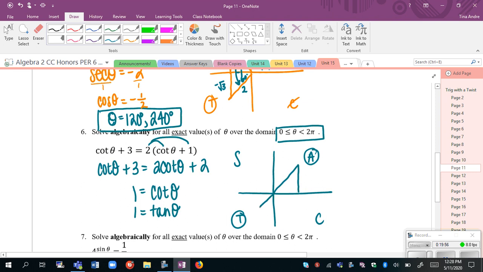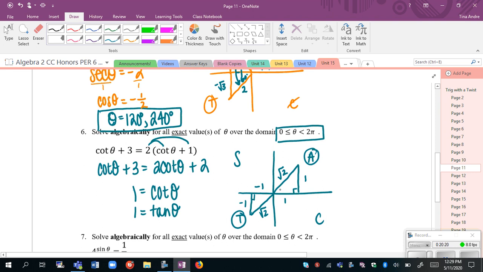And this is going to be drawing my triangles because I'm looking at opposite over adjacent being 1. So the opposite and the adjacent is 1. And this bottom quadrant 3 triangle is going to be -1, -1, because when you go left and down, -1, -1. So this is going to be √2, √2.